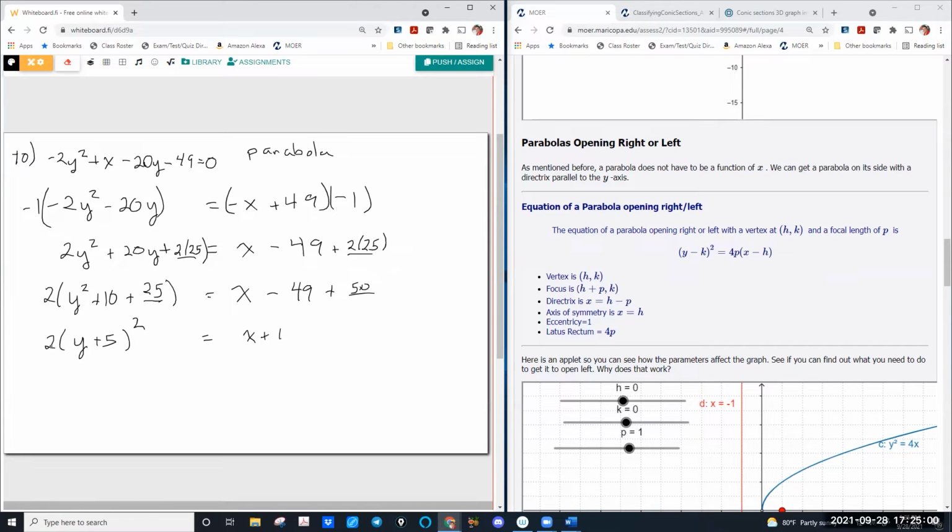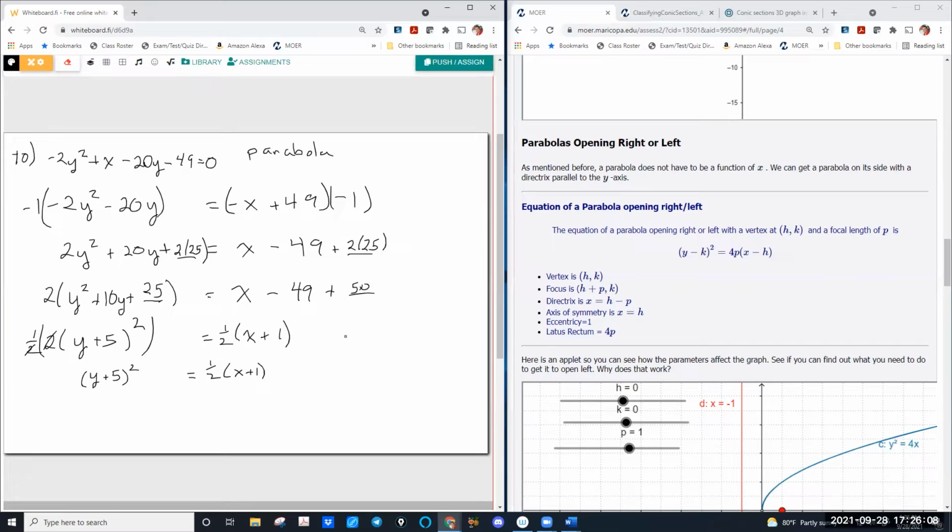So that means that 2 over here, I want to take it to the other side. So I'm going to multiply both sides by 1/2. Okay. Now we've got the standard form of a parabola. That comes from completing the square.